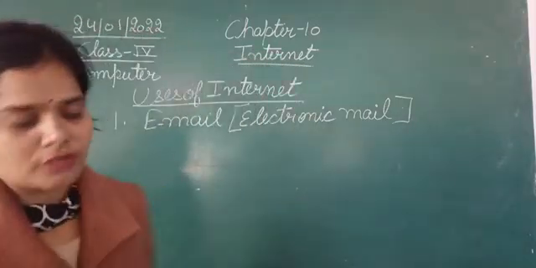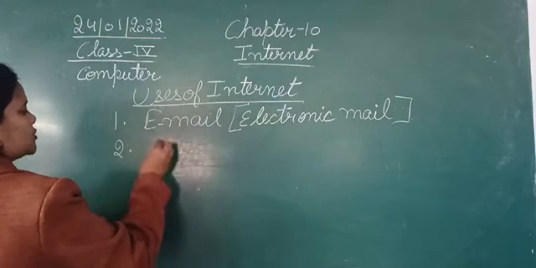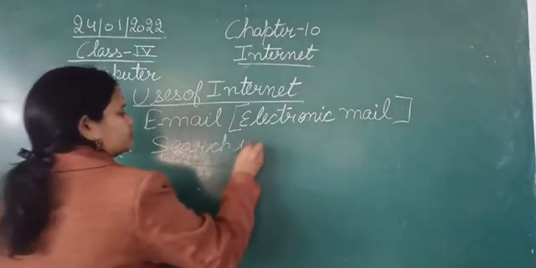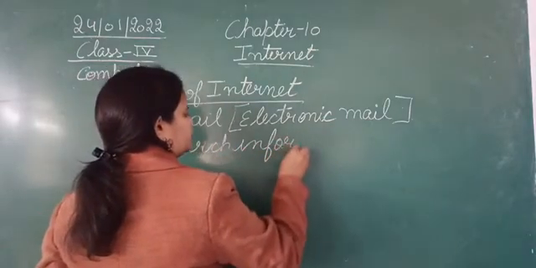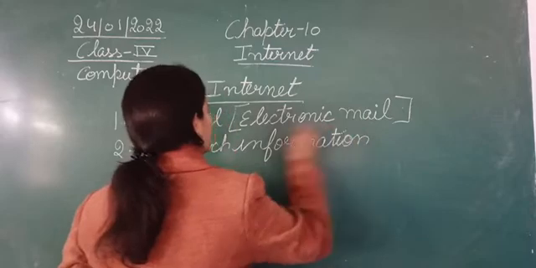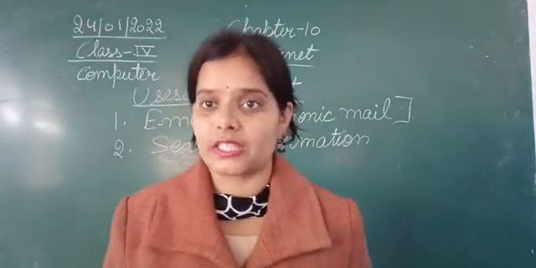The second use of internet is searching information. If you want to search any kind of information regarding any topic, you can easily get it through the internet.